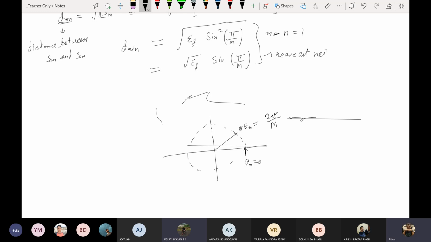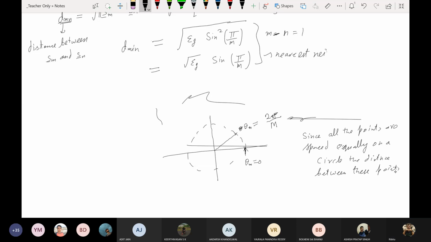Yes. So since all the points are spaced equally on a circle, the distance between these points will be the same.